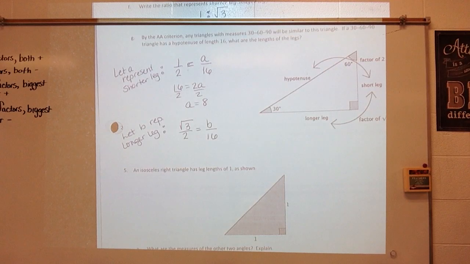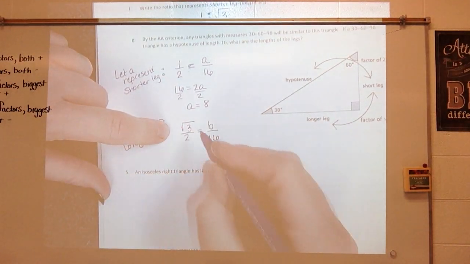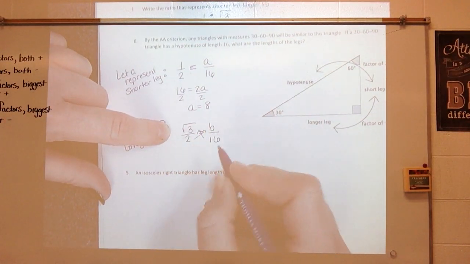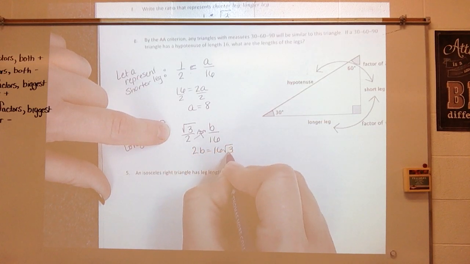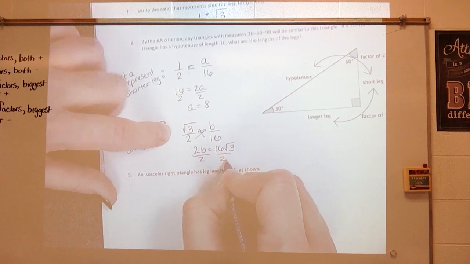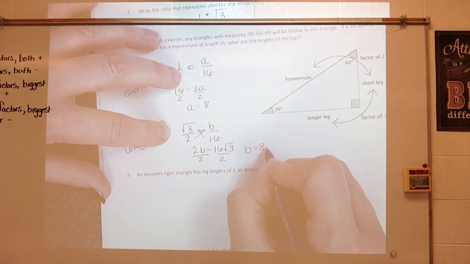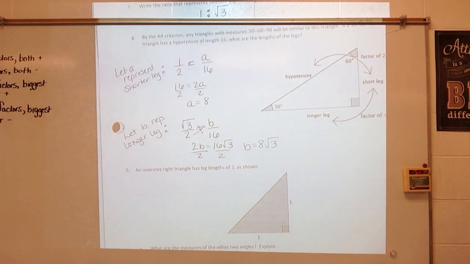So let's do this. Multiply. So I get 2b is equal to 16 square root of 3. I divide by 2, so b would be 8 square root of 3. So the lengths of the legs of my triangle with a hypotenuse of 16 are 8 and 8 square root of 3. Alright?